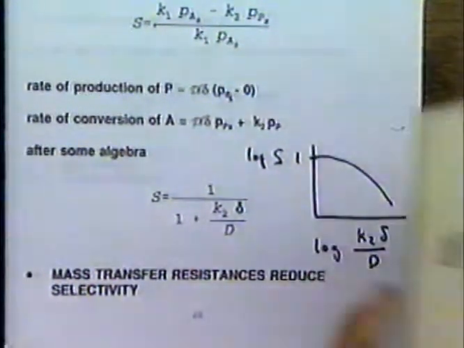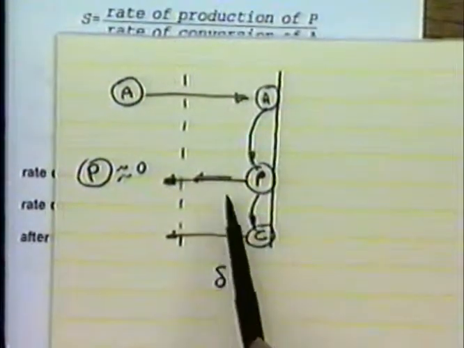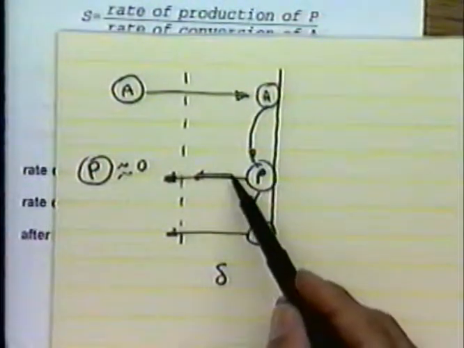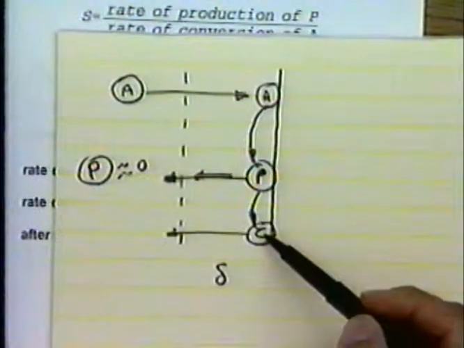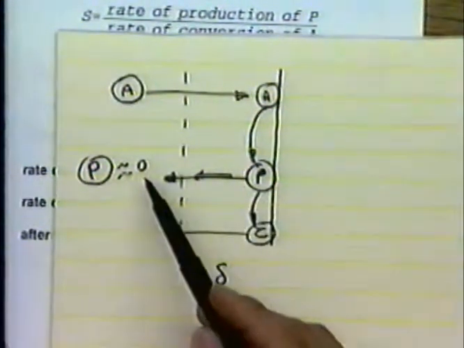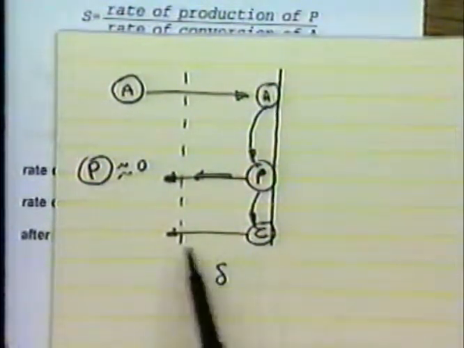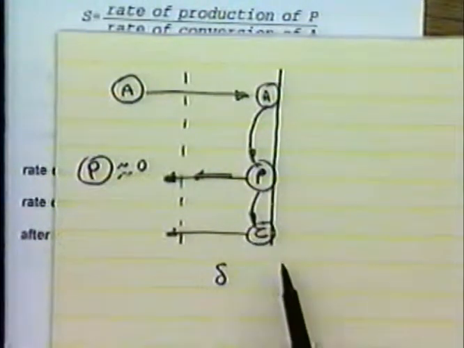The reason for this is that as the resistance for mass transfer increases, product P will find it much easier to react to unwanted product C than to desorb to the main gas flow. So as this resistance increases, our selectivity decreases.